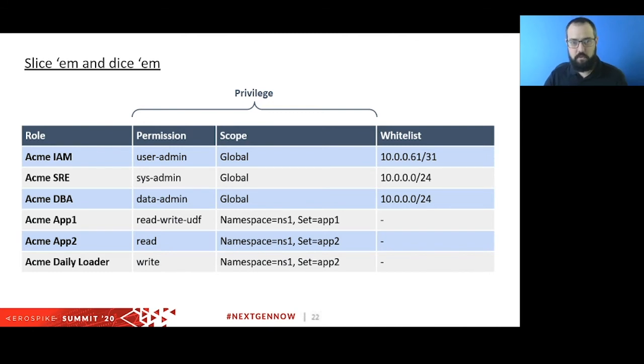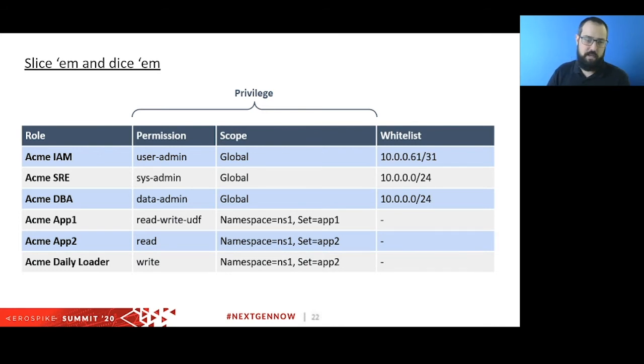And finally, every role can be assigned a whitelist of IP ranges. These would be in CIDR notation to do ranges, which allow database users associated with that role to connect from only that range. So this provides an even finer level of granularity on top of the existing network security that we've already talked about.